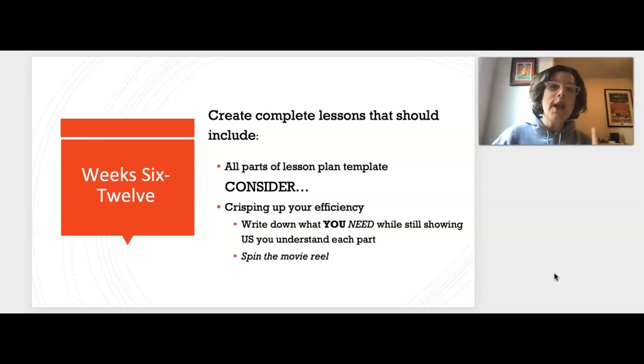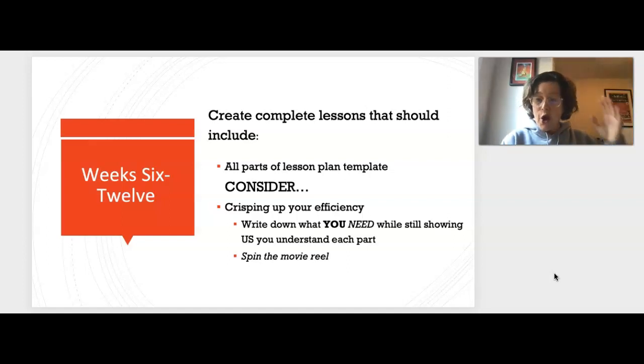However, we want you to think about crisping up your efficiency. We want you to start to write down what you need while still showing us that you understand each part. So don't get rid of the hooks, the transitions, and don't write down what you don't need to write down.